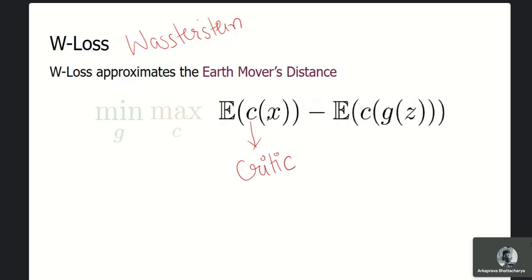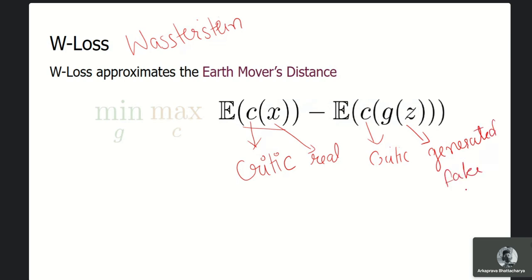And we are seeing what is the performance of our discriminator or the critic on a real image, and what is the performance of our discriminator or the critic on a generated fake image.